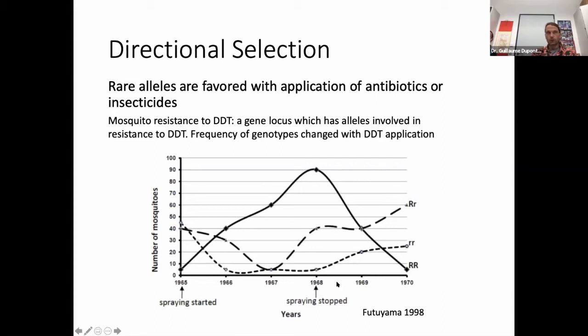It was used here in this example for 3 years, and it led to the rapid spread of a rare allele within a population, which was then almost consistent of this one allele. With the cessation of DDT application, this allele quickly went back to its original rare frequency within the population, and the other intermediate or typical genotypes.